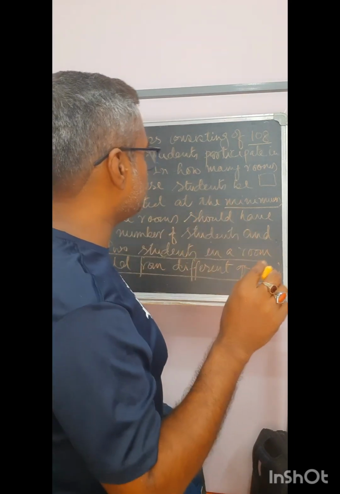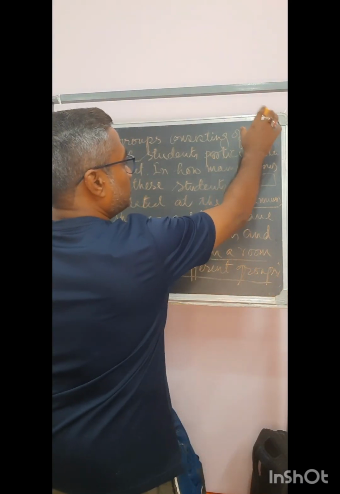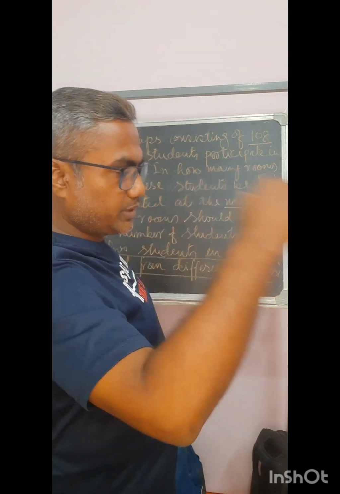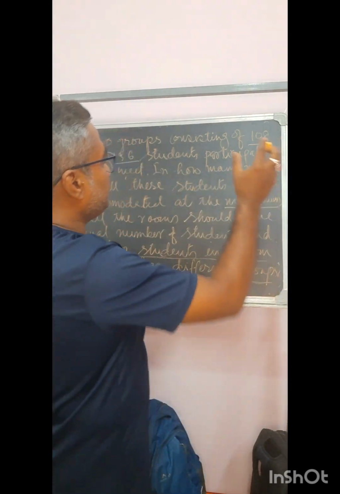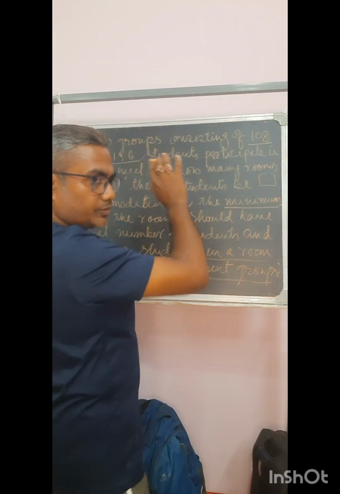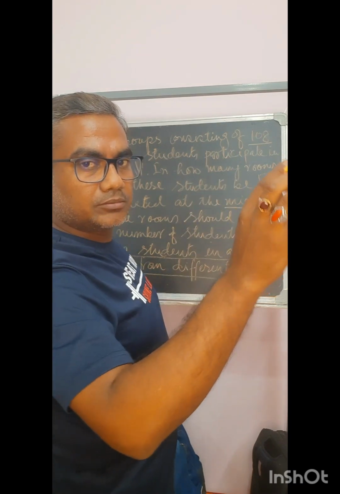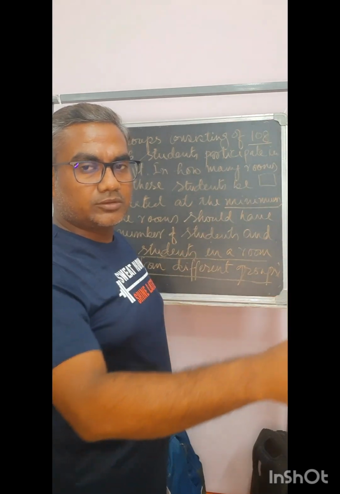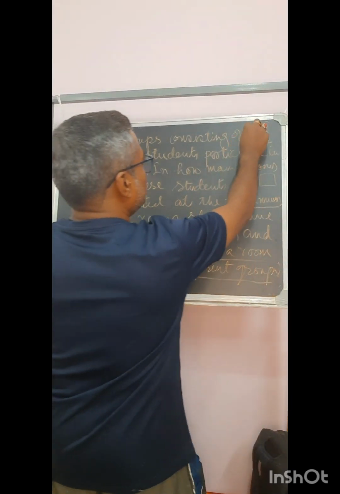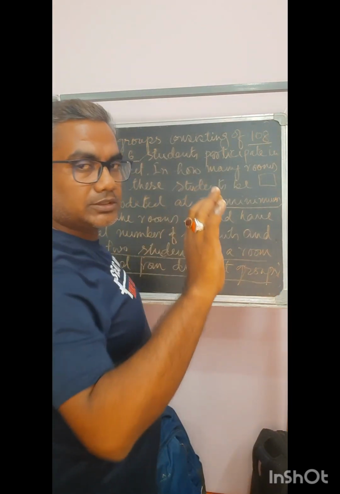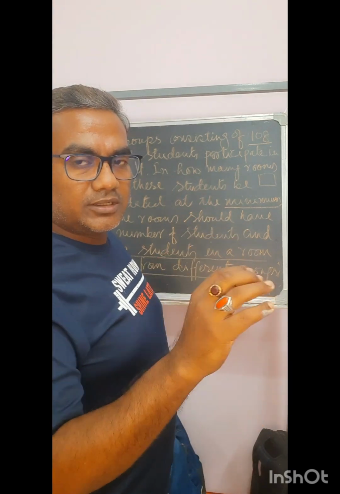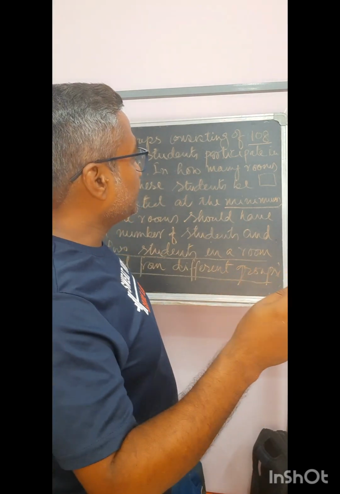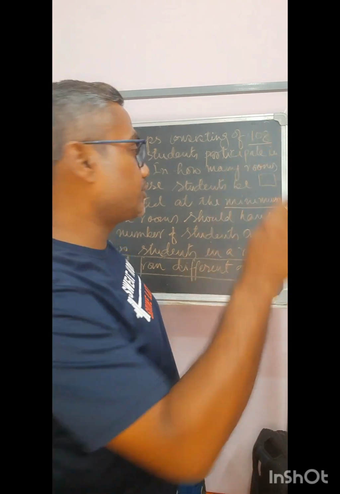Even though they are not mixing, they both have a task to meet the maximum number of students in a group. So if you consider both together, then you will get the maximum number of students by taking the highest common factor of these two.